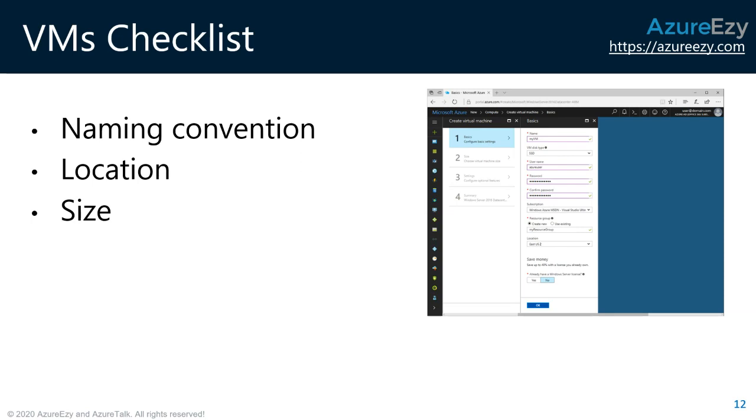Size, of course. When you are deploying your virtual machine, you must have a clear understanding of what exactly the resource need of this service is. So when you are deploying a web application on this VM, you must have some idea that this particular web application will be used by this number of users, and this number of users converts back to this much CPU and this much RAM.